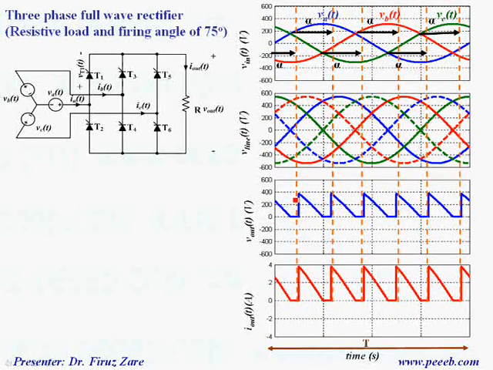can see the output voltage, because of the line voltage. For example, if we concentrate on this line voltage, here we can see that at this zero crossing point, the line voltage is getting negative.